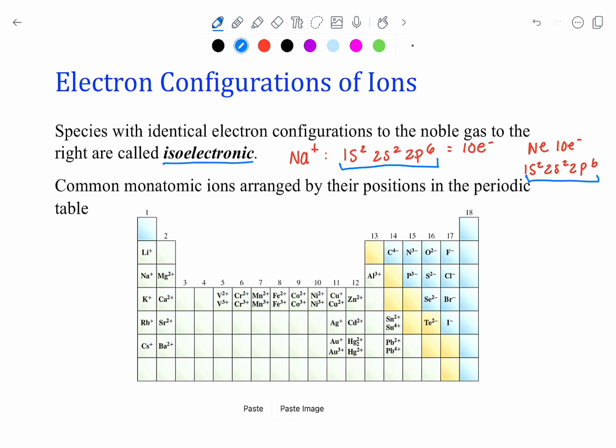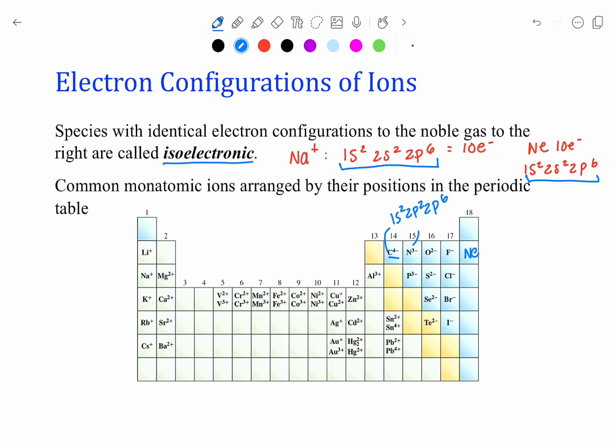Now, if we look at these monoatomic ions, here's carbon 4 minus, nitrogen 3 minus, oxygen 2 minus, fluorine 1 minus. These all have the same electron configuration as neon, because if I have carbon 4 minus, that means I've added 4 electrons, so I have 1s2, 2s2, 2p6 now, because I've added 4 extra electrons to the p orbital of carbon.